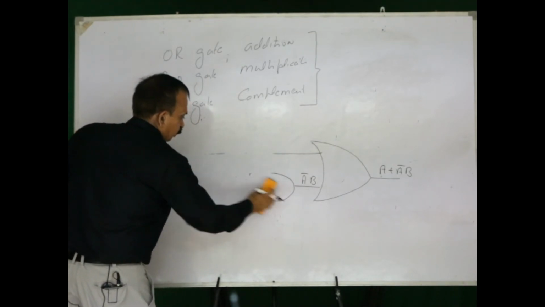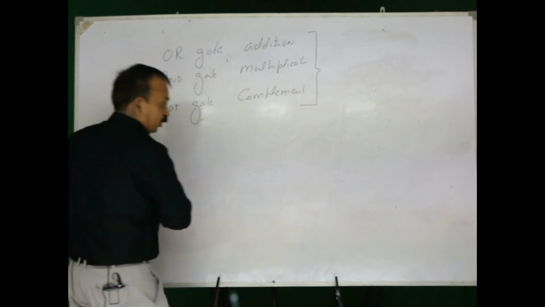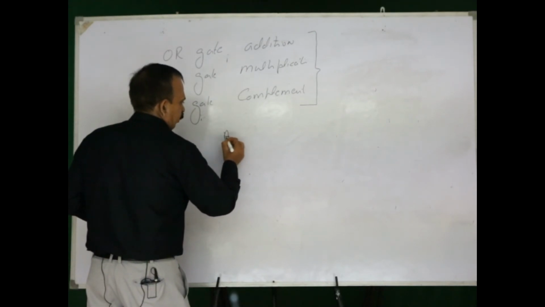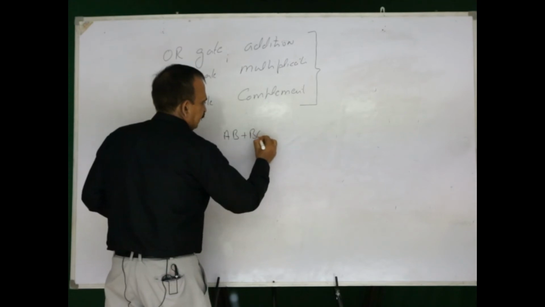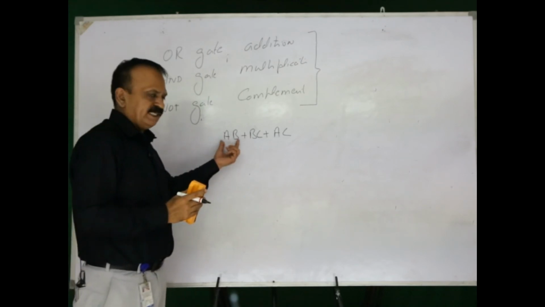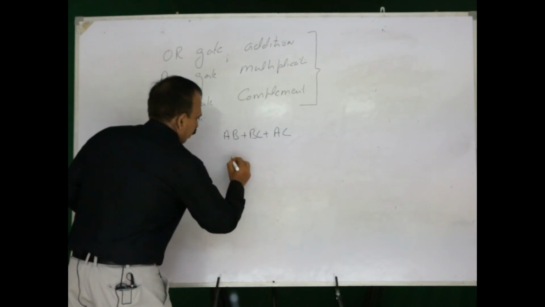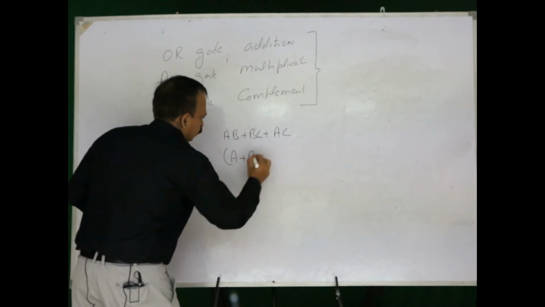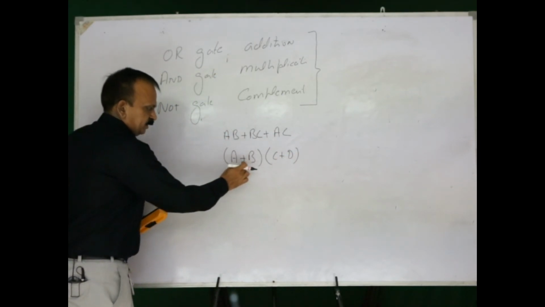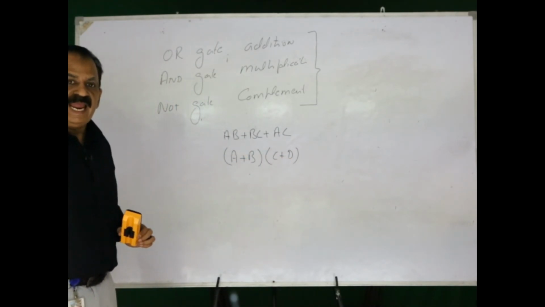I will give you two questions, you will be solving it just going through this lecture. First one is I want to draw a circuit for AB plus BC plus AC. Now try this one: AND gate, second AND gate and the third AND gate, and then you should try A plus B into C plus D. Now I hope one OR gate, the second will be this OR gate and you will be multiplying it with the AND gate.